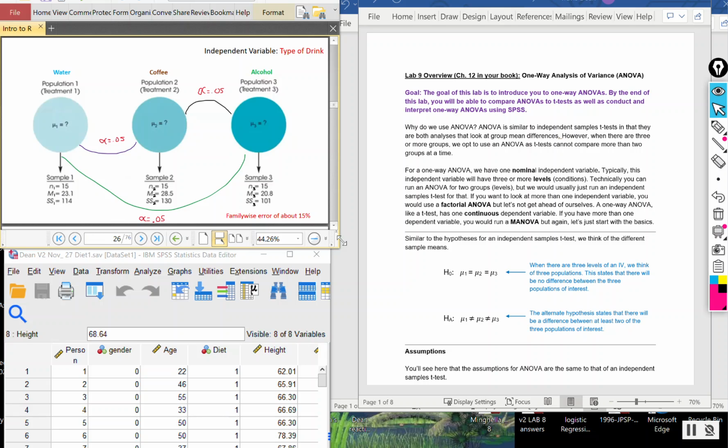That's the mathematics involved. I'm not going to go into too much detail of why this is; it's not really necessary for this course, but just know that if you were to do individual t-tests, you would have this problem.